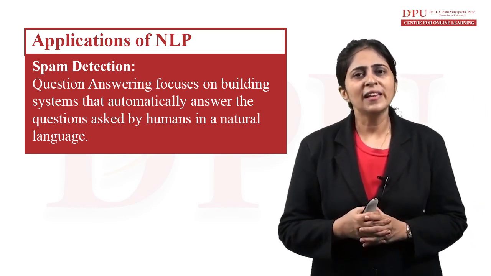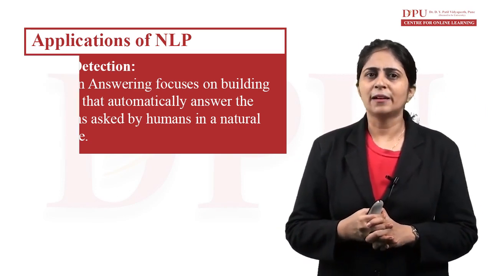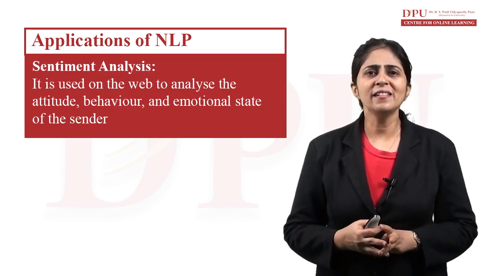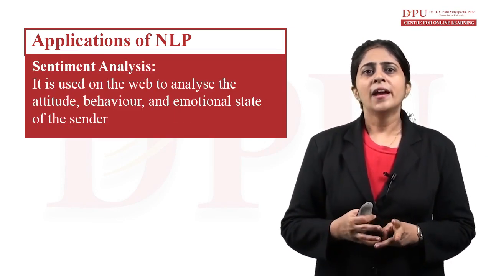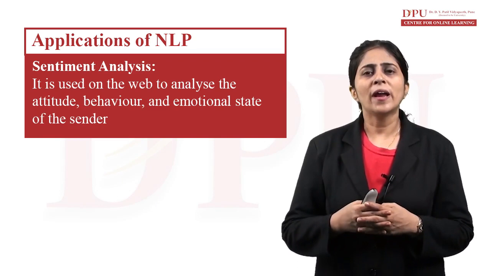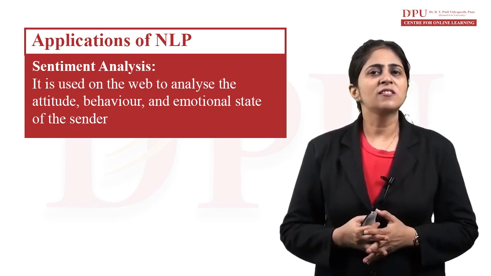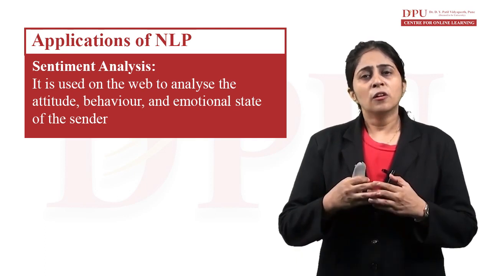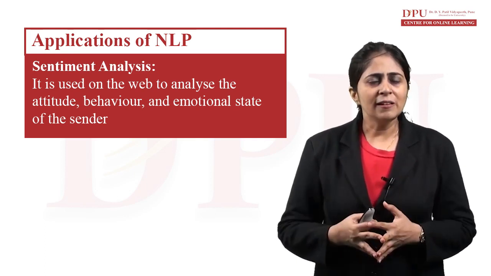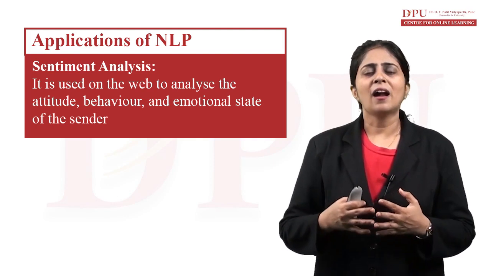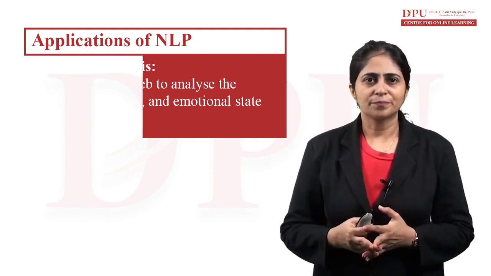So that is one application where we are using NLP. Third one is sentiment analysis. It is used on the web to analyze the attitude, the behavior, and the emotional state of the sender. So for sentiment analysis, we are using natural language processing.